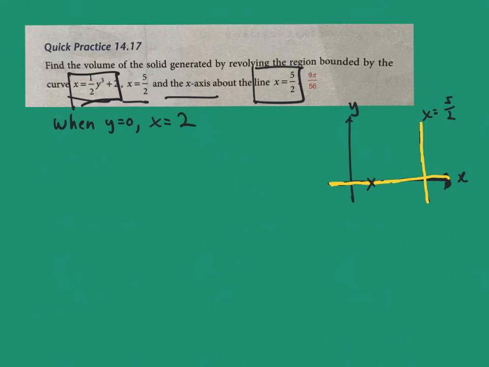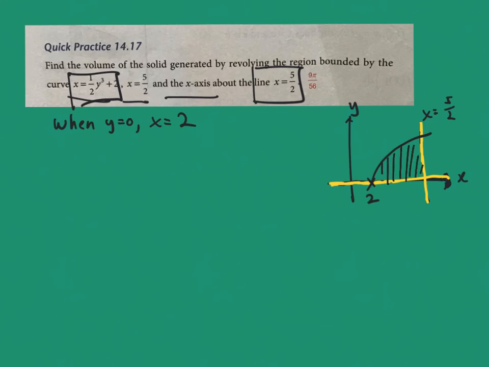Therefore, I can mark a point here, which is 2. So in order to form an area bounded by these 3 parts, the curve will go like this. Maybe it is concave upward, maybe concave downward, it doesn't matter. Now we can form the shaped region like this.